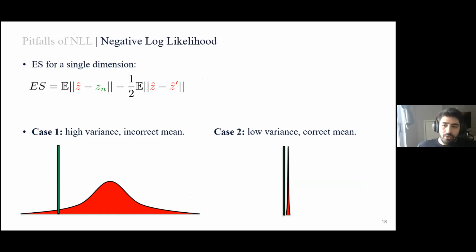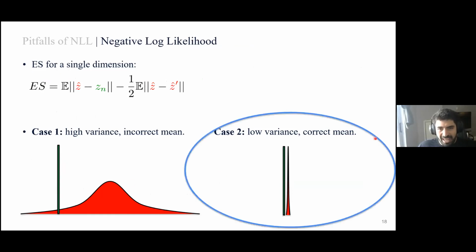Considering our previous toy example, which of these two would the energy score prefer? The energy score prefers case number 2, the low variance one with the correct mean. This is because the energy score is non-local and distance sensitive.